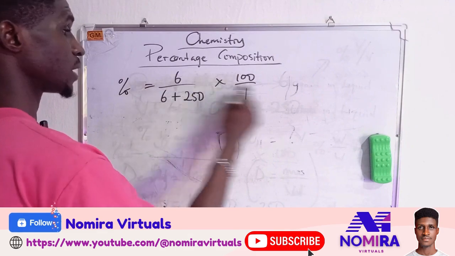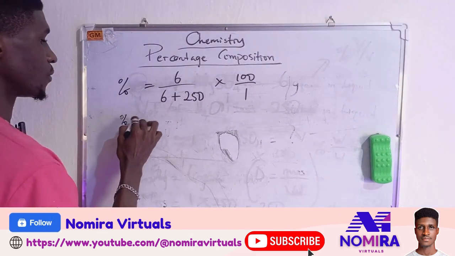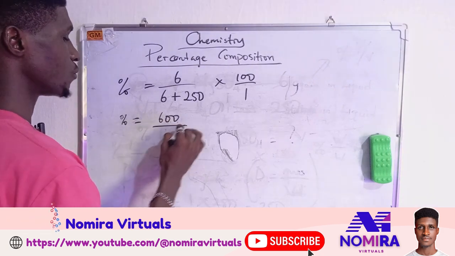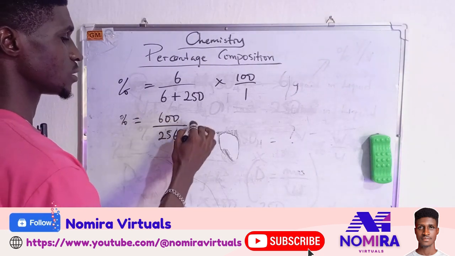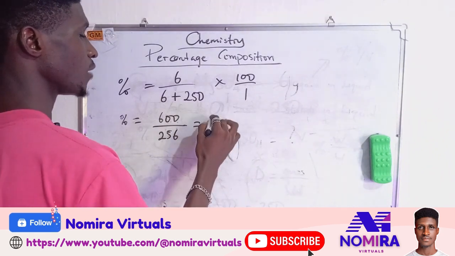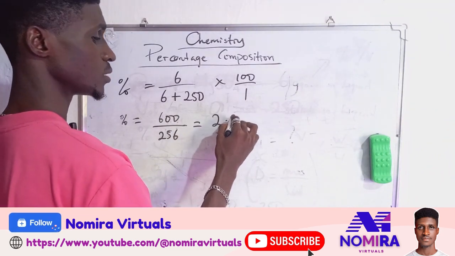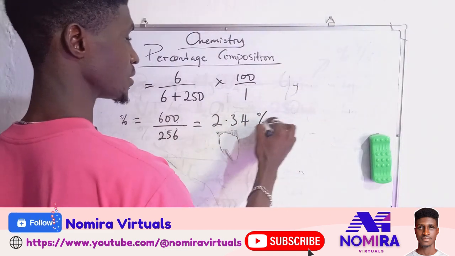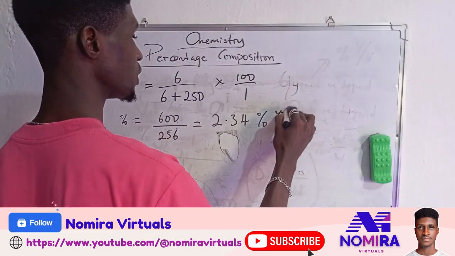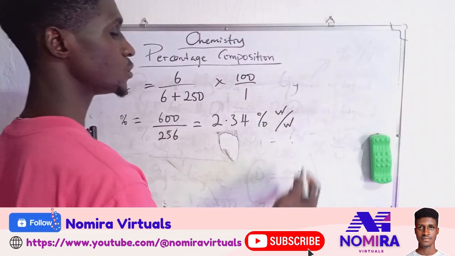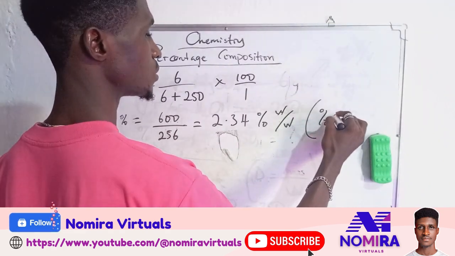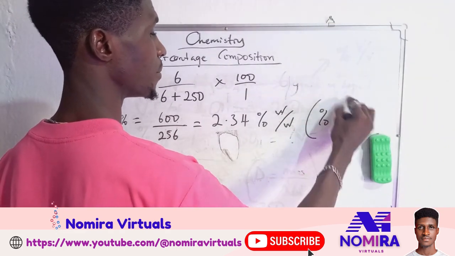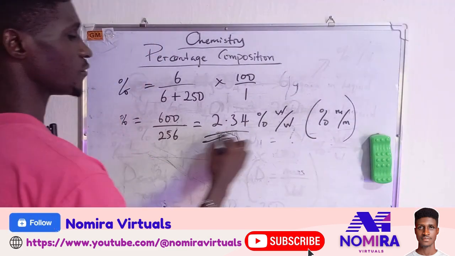Now, when you multiply this, you have 600 over 256. When you divide this, you will have 2.34 percent weight by weight, or you could say percent mass per mass. This is your answer for this question.